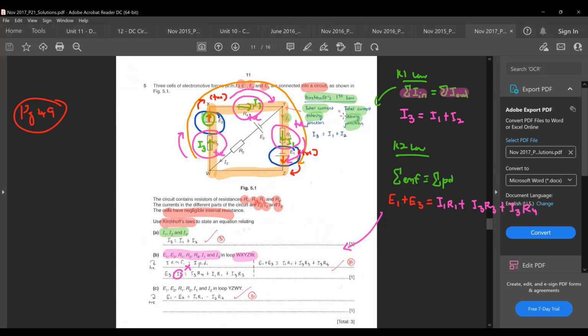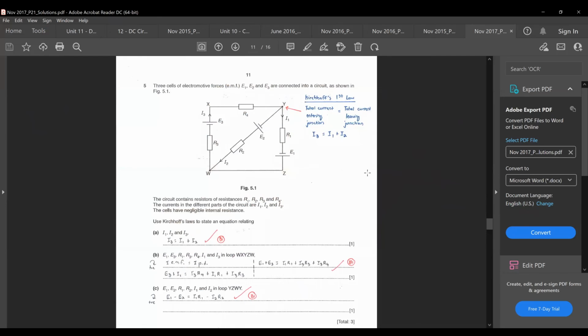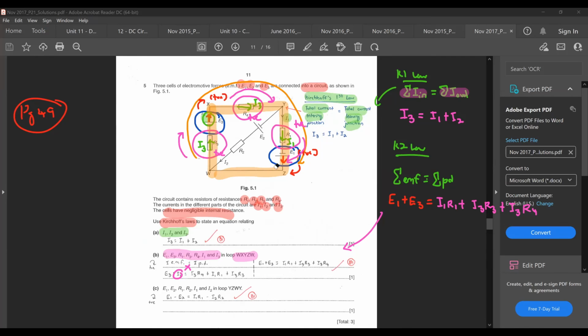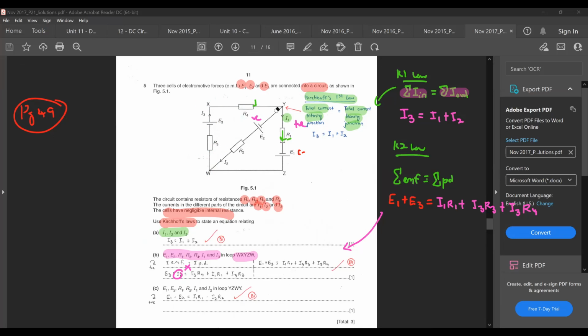Now what about for loop YZWY? So let me just clear off the drawing here. Okay, so the next one they say for loop YZWY, let's go with this one.